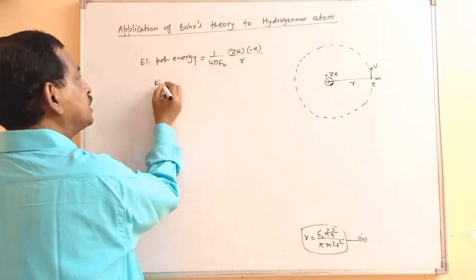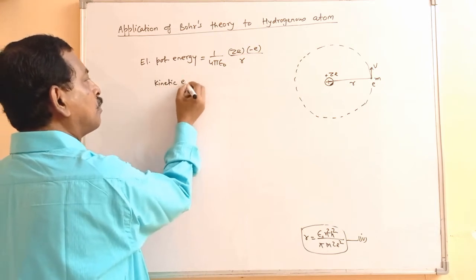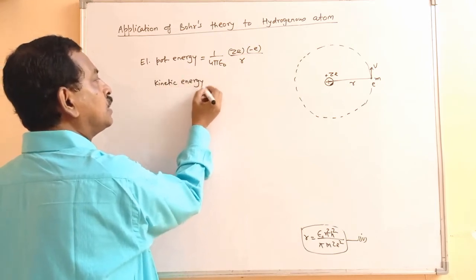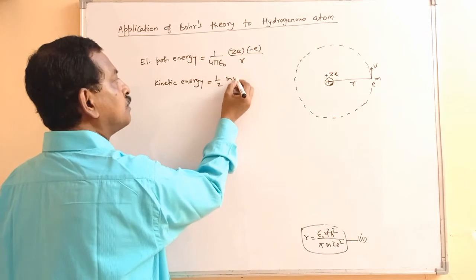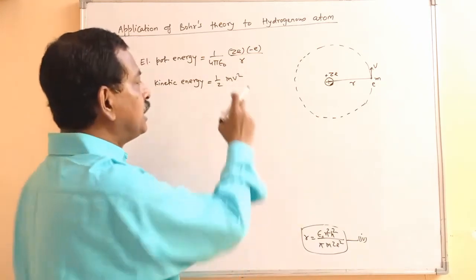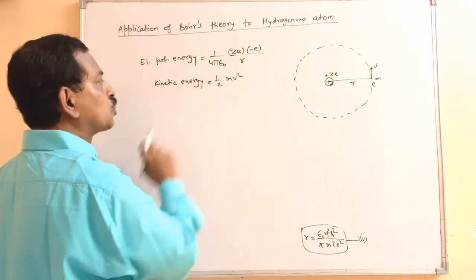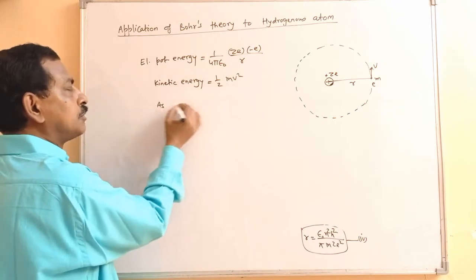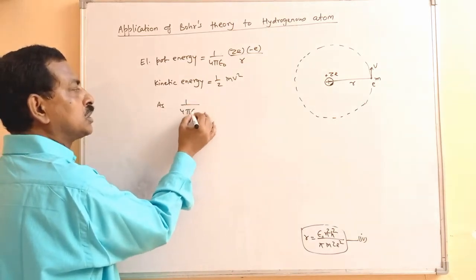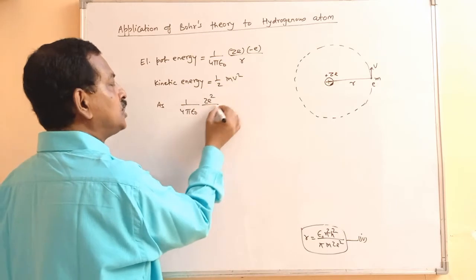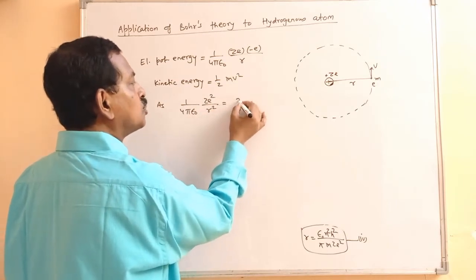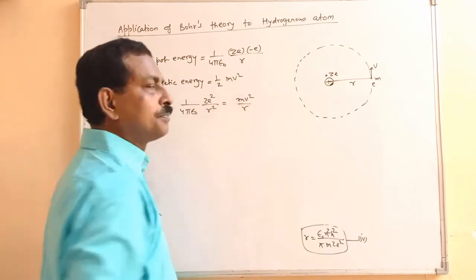Then kinetic energy, this is half mv square. Now for half mv square, we know that the electrostatic force Ze square by 4 pi epsilon naught r square equals mv square by r.